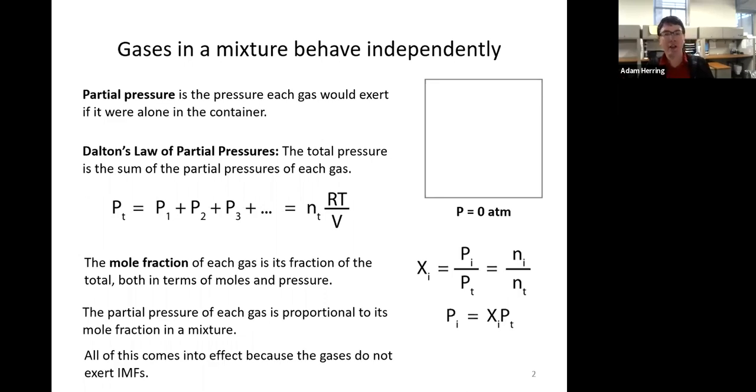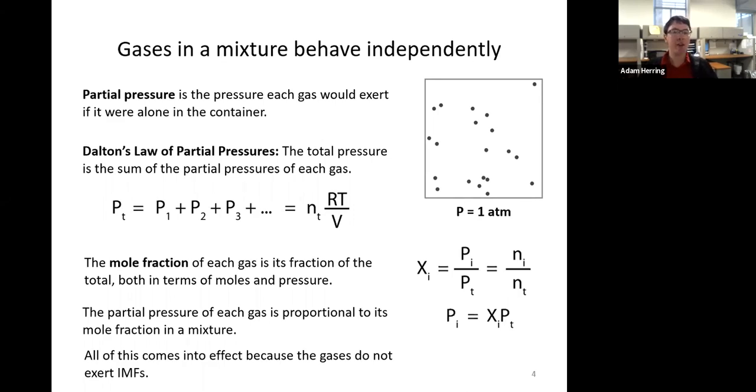So let's take a look here at an example. Let's say that we have one gas, and in total, it has a pressure of 1 atmosphere. If we then evacuate that container and put in a second gas, let's say that because of the number of molecules of that gas, it also exerts 1 atmosphere of pressure.